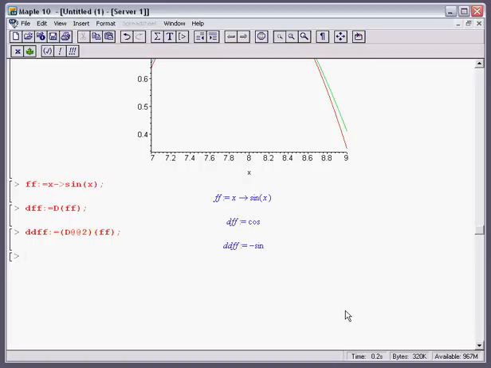And so what we can actually do in this case is simply say that t sub 2 now is equal to ff at 8 plus dff at 8 times x minus 8. By the way, I want to create this as a function to be consistent. And then plus ddff at 8 divided by 2 times x minus 8 squared.